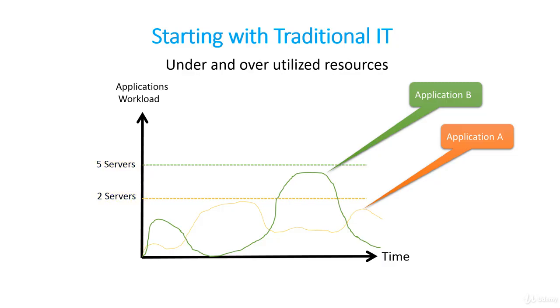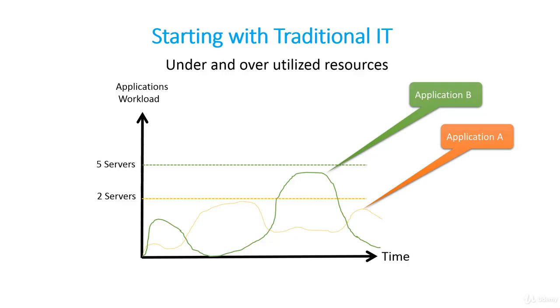Now, looking from left to right, we can see the application workload patterns in a specific time interval. Let's assume this is over the last 24 hours. Now, you are the IT manager. What kind of problems do you see here? Think about it for a few seconds.